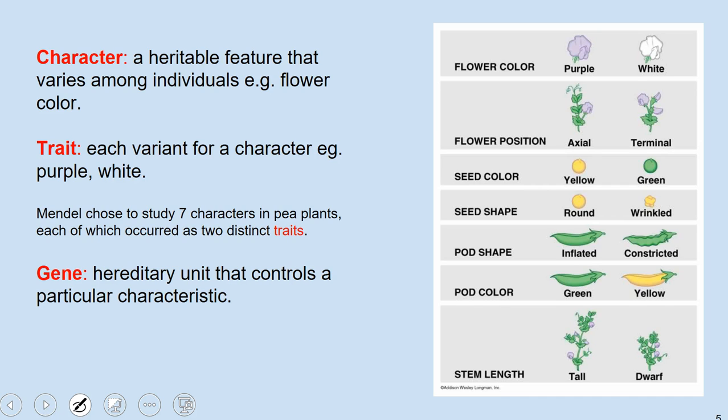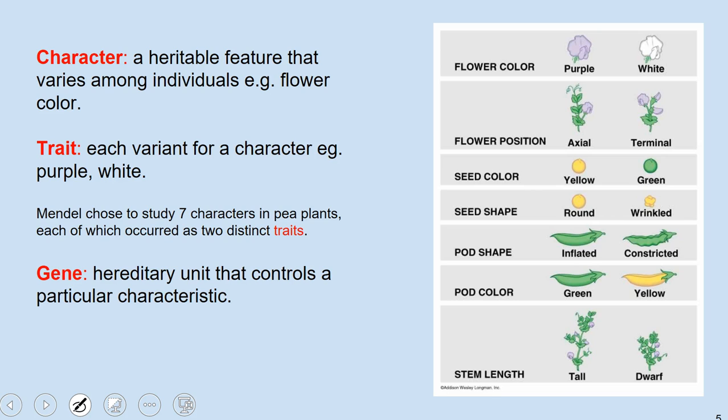This is a look at the pea plant experiment that Mendel did. He looked at different plant features: flower color, flower position, seed color, seed shape, pod color, and stem length.